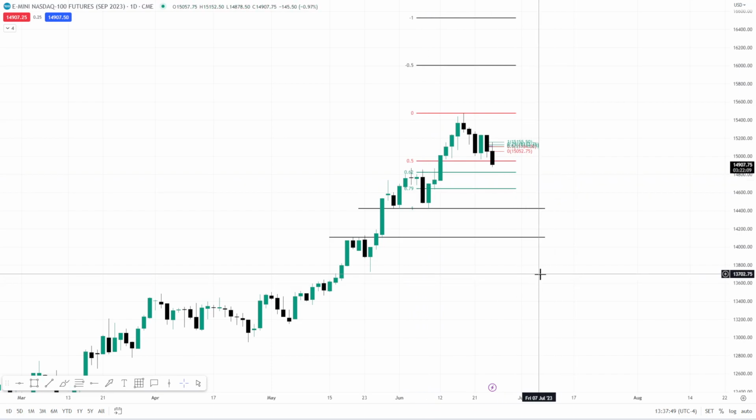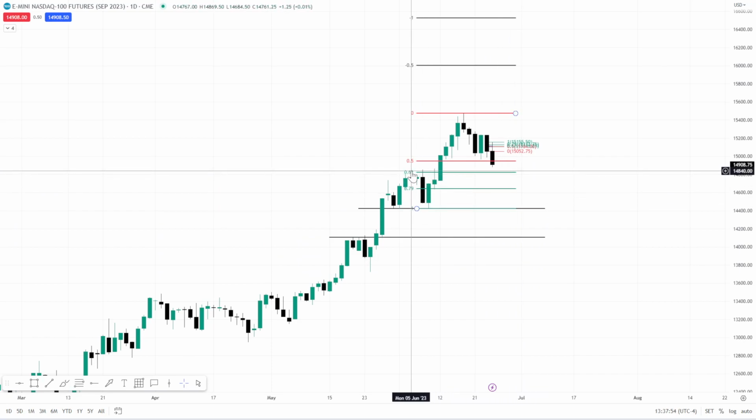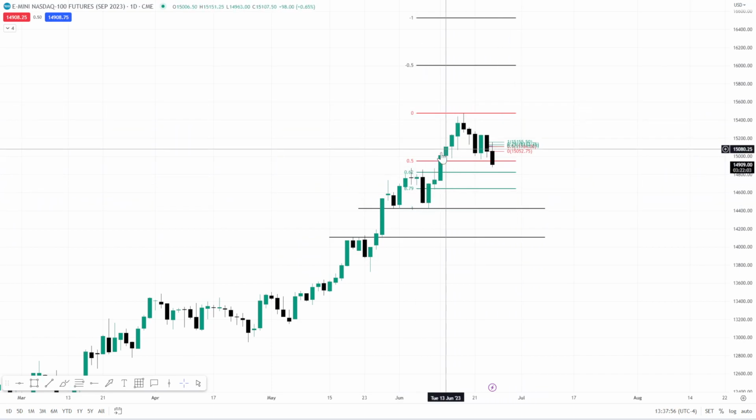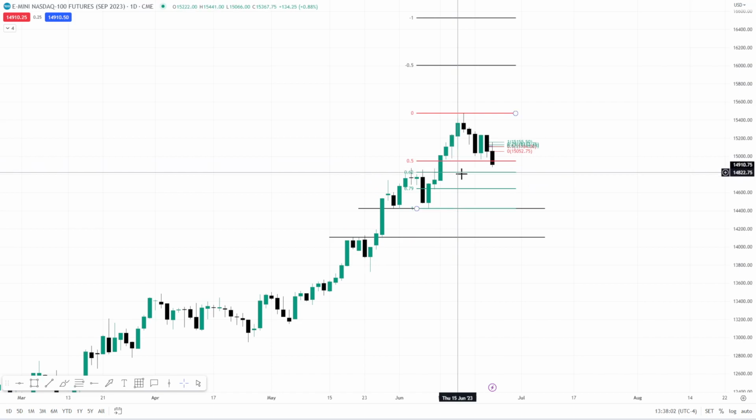September contract. So because we have this down close candle and price really runs away, to me this is the obvious draw on here. This is a small fair value gap.